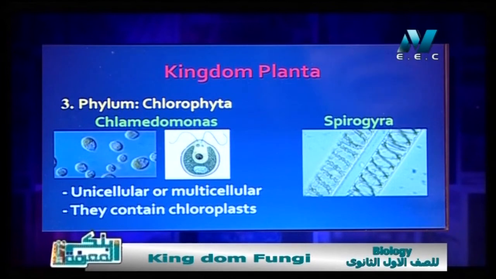The chloroplast is in a spiral shape, runs from the beginning of the filament to the end, going through the cells, one after the other. So they are unicellular or multicellular. They contain chloroplasts, so they carry out photosynthesis, and most of them are present in fresh water and some in marine water.